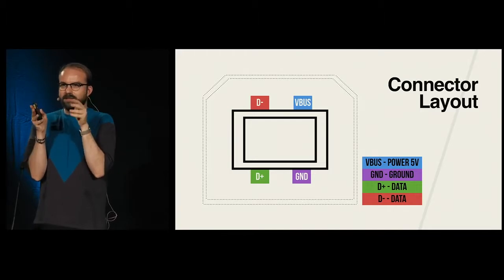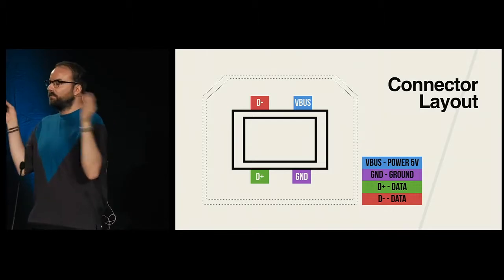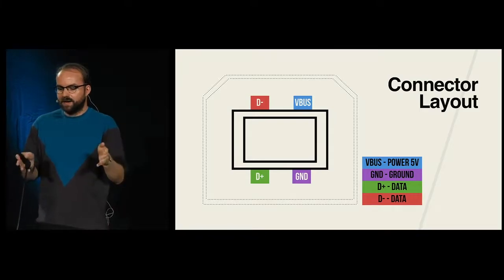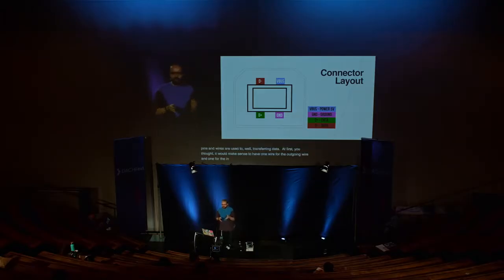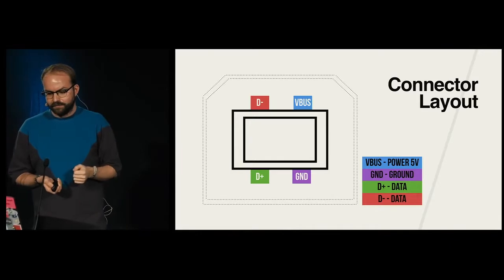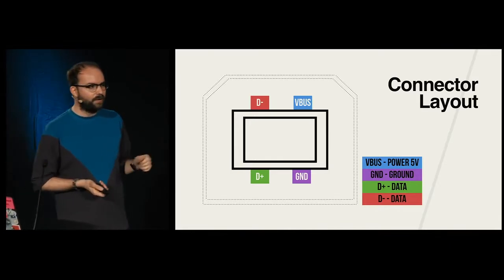They both basically transmit the same data in both directions at the same time, providing some hardware-based security and transport safety mechanism, which is really a genius thing to do, especially back in the 90s. And then, of course, we also have the ground pin because we deal with electrical current.